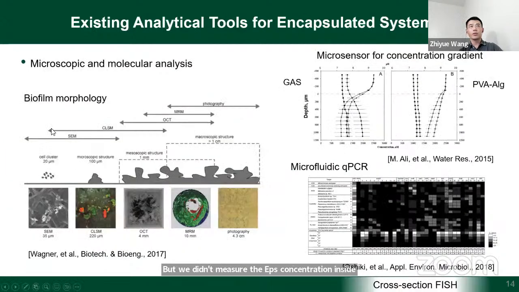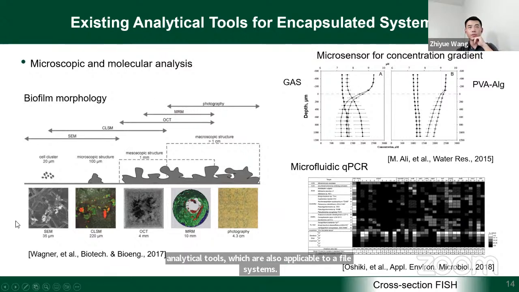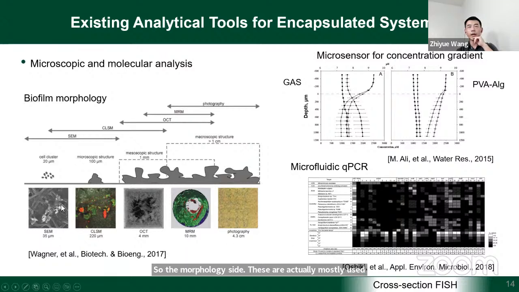The other question you have is on analytical tools. These are some of the examples I showed for analytical tools, which are also applicable to biofilm systems. On the morphology side, these are mostly used for biofilms these days, but I think they can also be used for encapsulated systems.